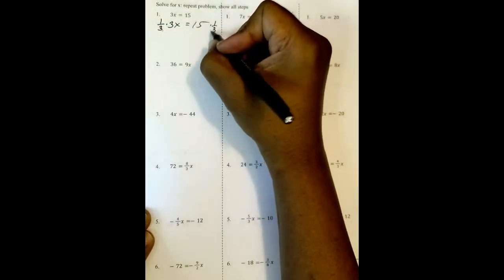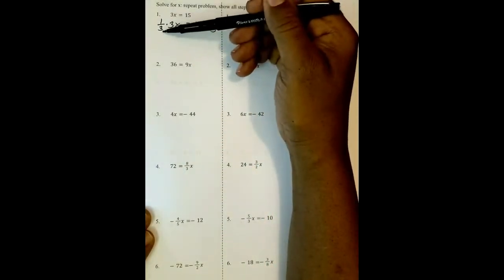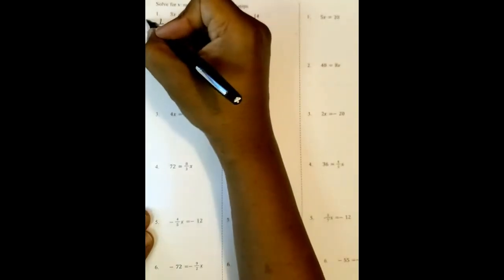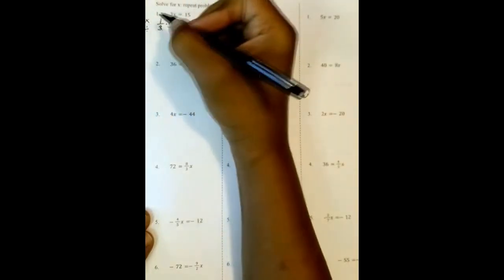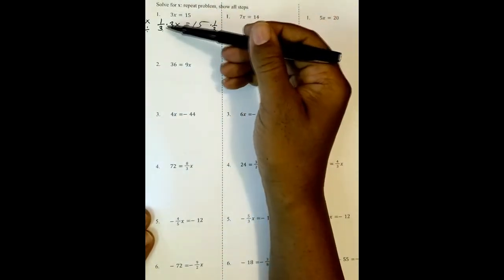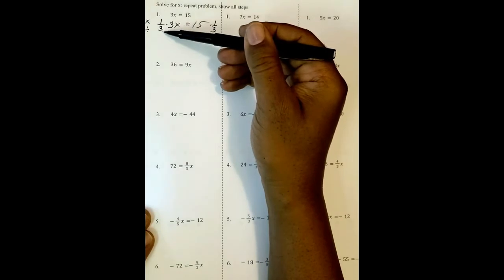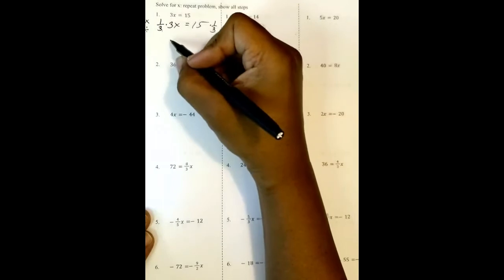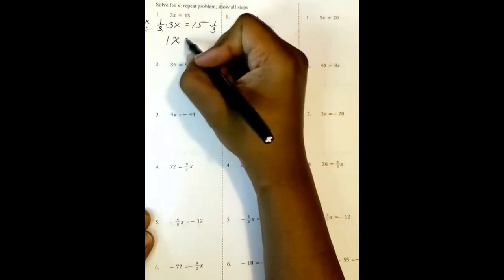1 over 3. Okay. In fact, you get two pieces. You get a dividing 3, and the one on top is a multiplying 1. So whatever's on top is multiplying, whatever's on the bottom is dividing the next number. So 3 divided by 3 is 1, and then when you multiply it times 1, you get 1. So you end up with 1x.